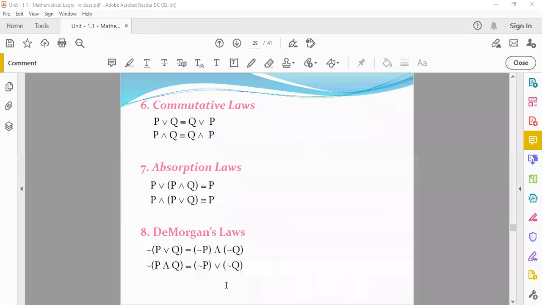Next, roll number 528. Please read out the absorption law. P or P and Q equivalent to P. Very good.